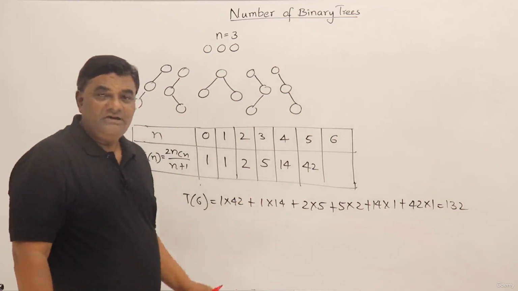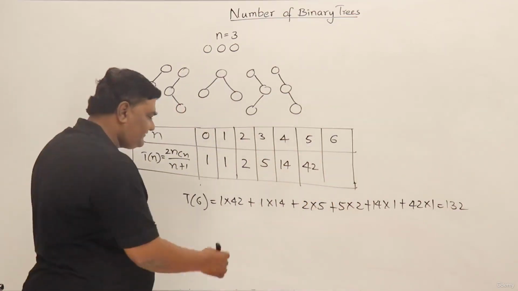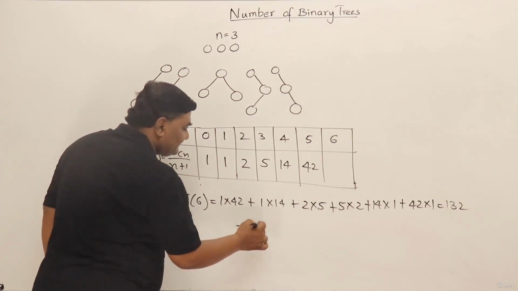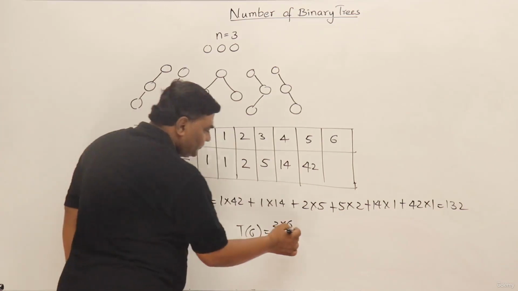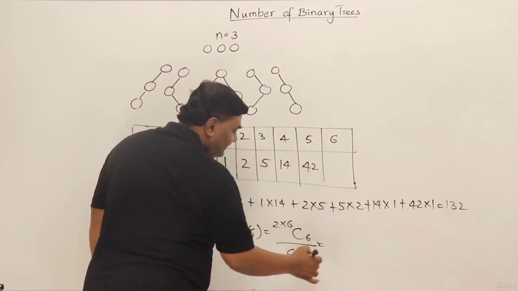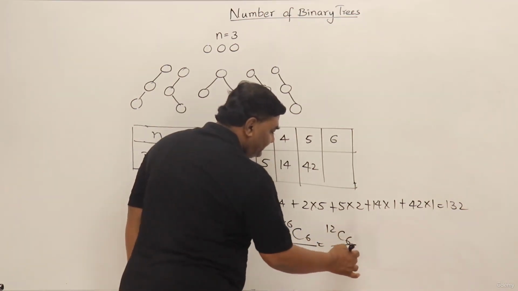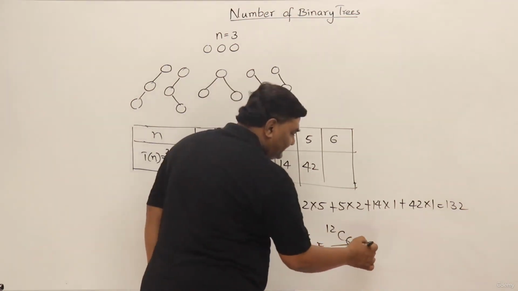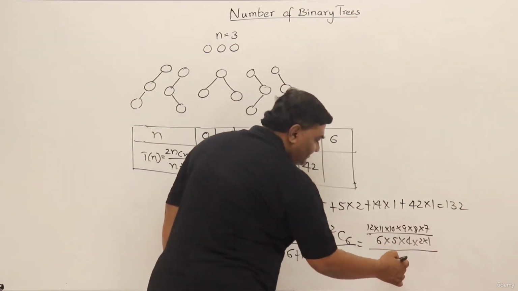Let us use the formula for value 6 and check whether our answer is correct or not. Let us verify. T6 is 2n Cn by n plus 1, so 2 into 6, C6 by 6 plus 1. So this is 12C6 by 7. This is the numerator, then the denominator will be 7.